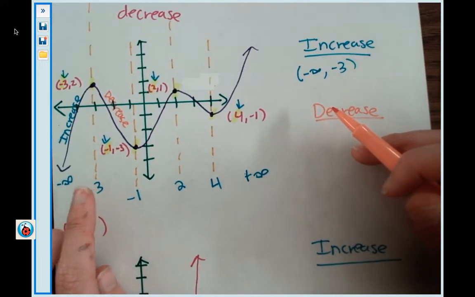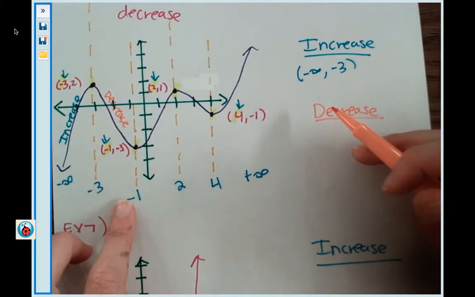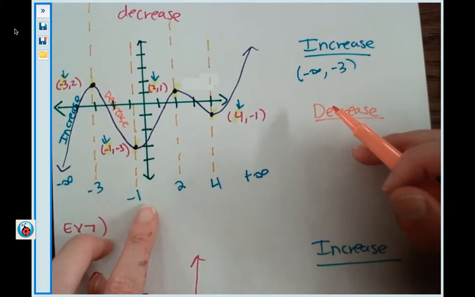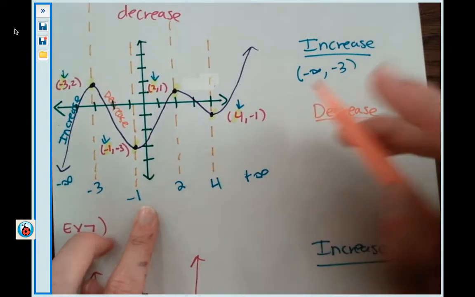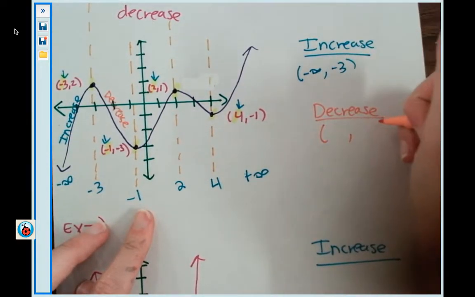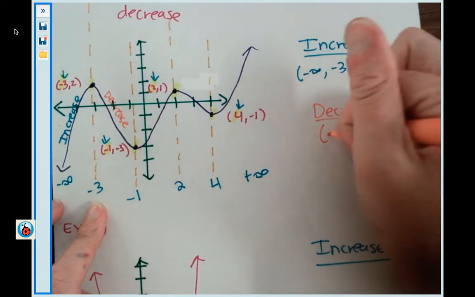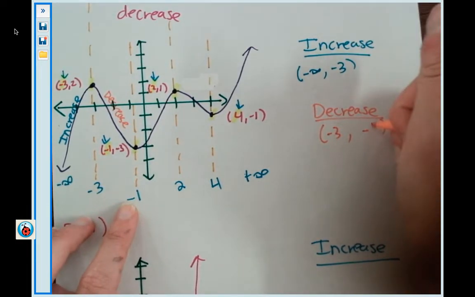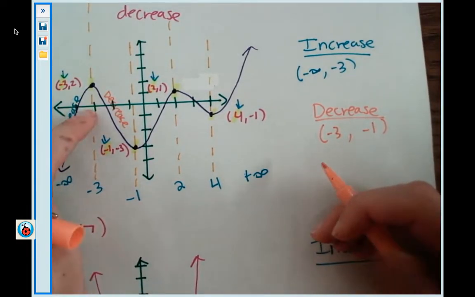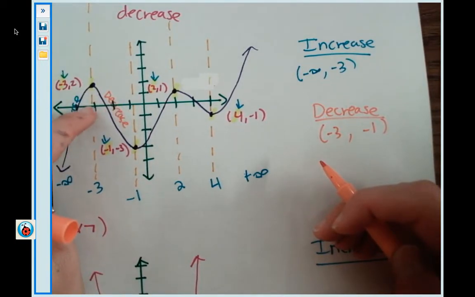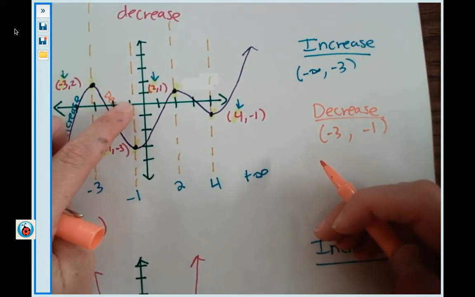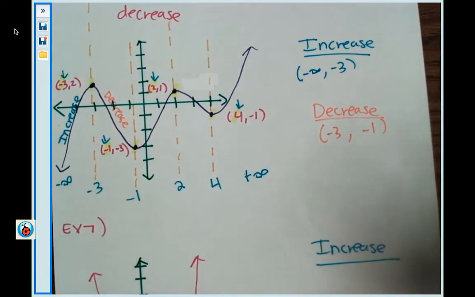All we do is write the number on the left, the number on the right, or our lower bound and our upper bound. Remember, we do not equal these, so we only use a parenthesis. My left-hand number is -3, and my right-hand number is -1. So this graph decreases on the x-axis all the way from -3 to -1. That's when it is decreasing.